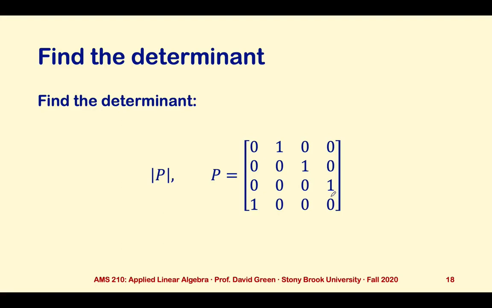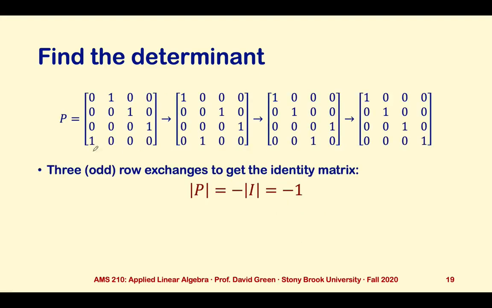Once again, I recommend you pause your video, work through the solution on your own, and then resume to look at the worked solution. Okay. The key feature of P is that it is a permutation matrix.